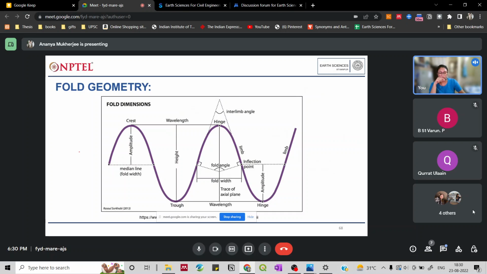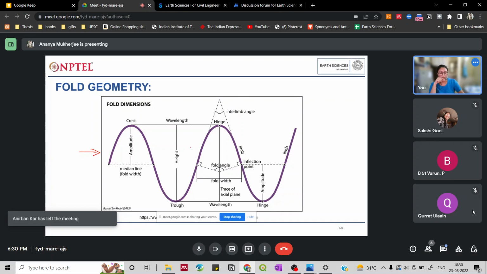Usually these are formed when you have compressive stresses. Suppose there is a stack of beds, and they are getting compressed. So due to the inherent nature of these rocks, you will find different bends forming.